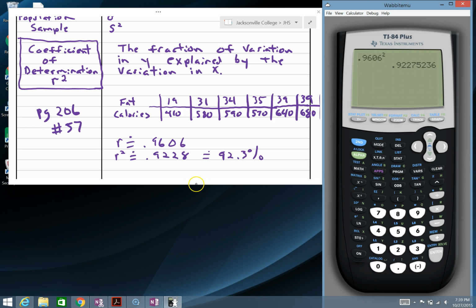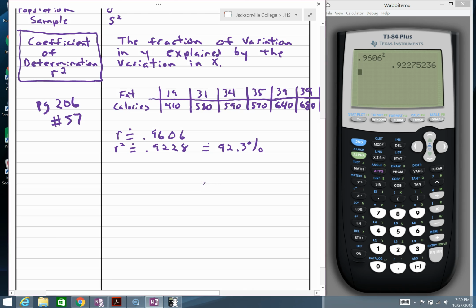Well, first, let's see if we can calculate the variation in Y. And what I mean by the variation in Y is we're going to find the variance of Y. Okay. Well, we just said that variance was the standard deviation squared.